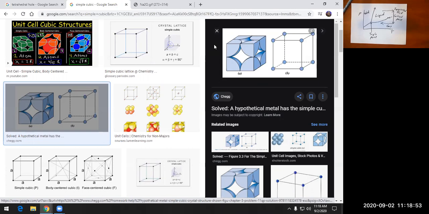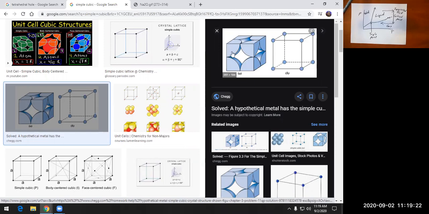Yes? You use that to find the base diagonal using the Pythagorean theorem, and then use that to find the body diagonal, also using the Pythagorean theorem, and then minus the radius. Right. So you use the known radius of the anion to give you the side length, the edge length.